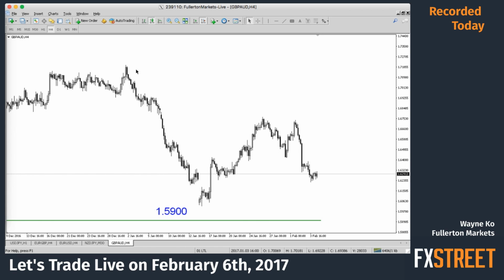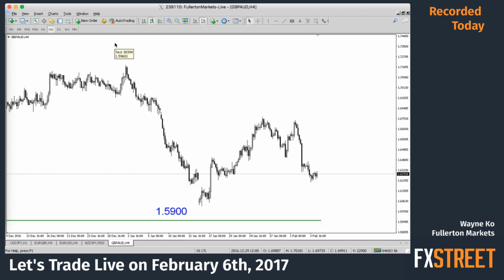So Aussie in a way has a slight edge over the sterling. Having said that, I do expect sterling Aussie to move towards 1.59, but it depends on tomorrow. Not forgetting tomorrow is still the RBA early in the morning, about 14 hours later.